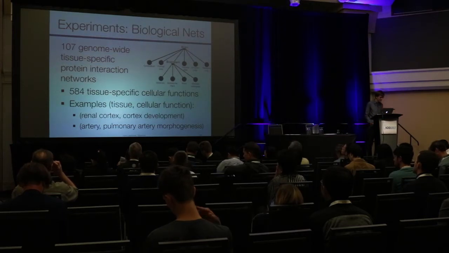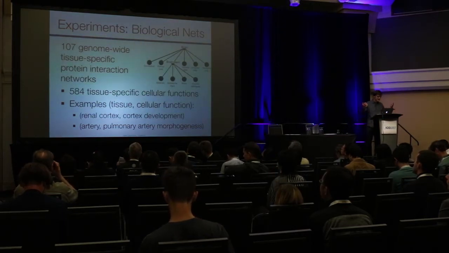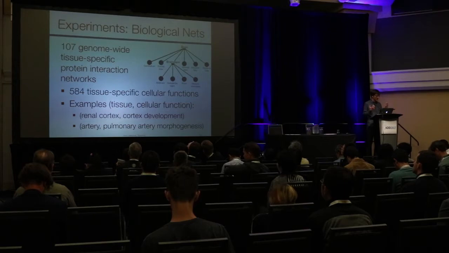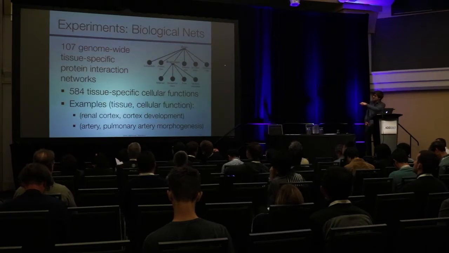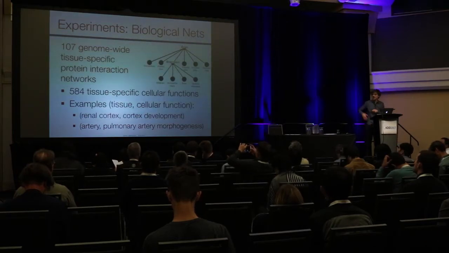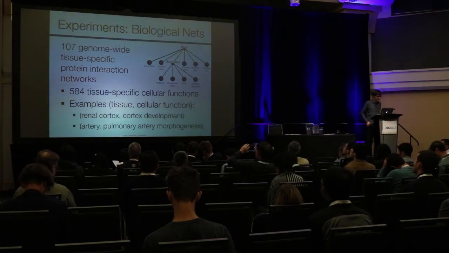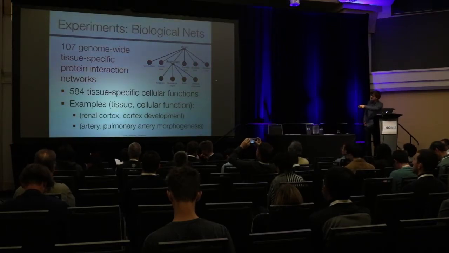The experiment here is on 107 tissue-specific protein-protein interaction networks. I have this hierarchy; here is just one part of it for brain, and you can see different tissues of the brain and how this is organized. The hierarchy we have has 107 nodes, with tissues at the leaves.